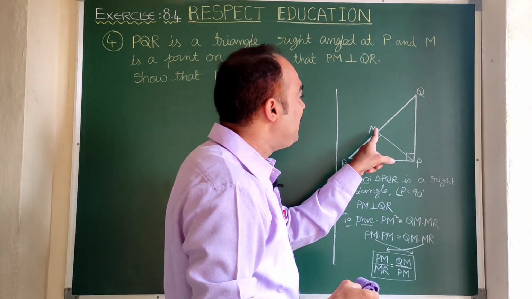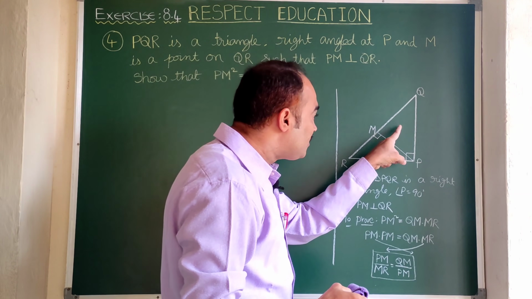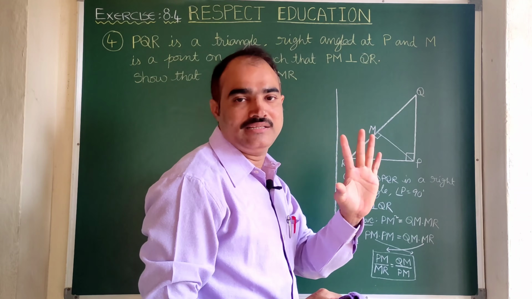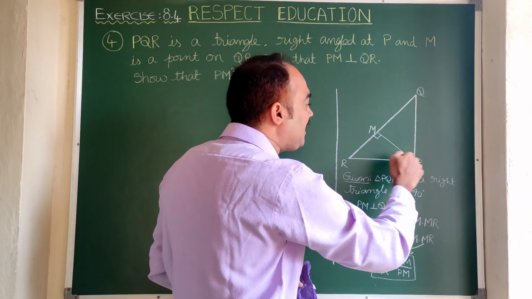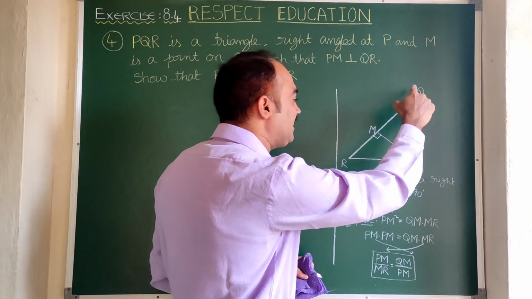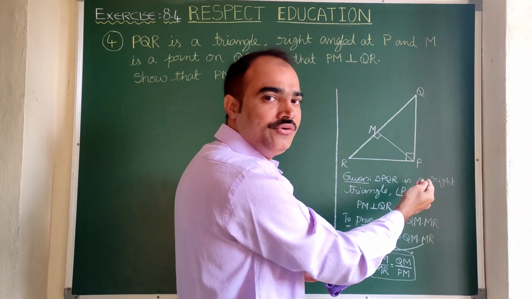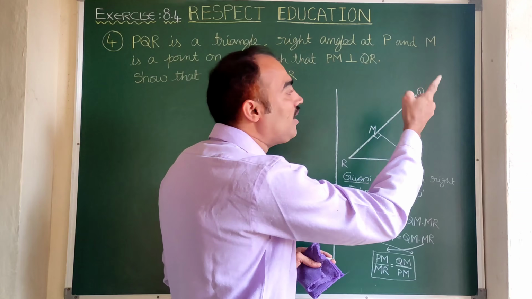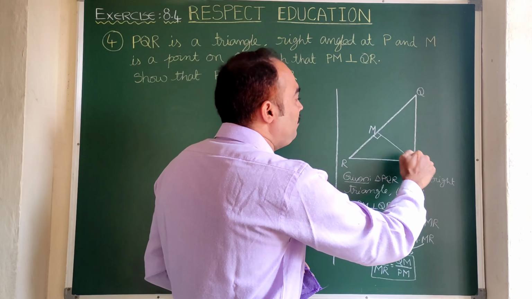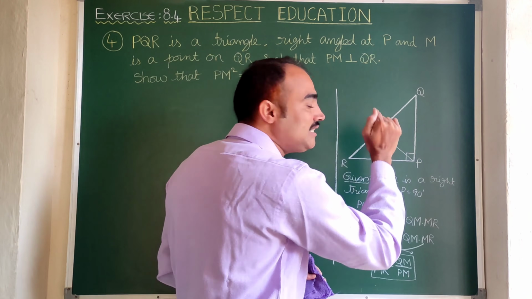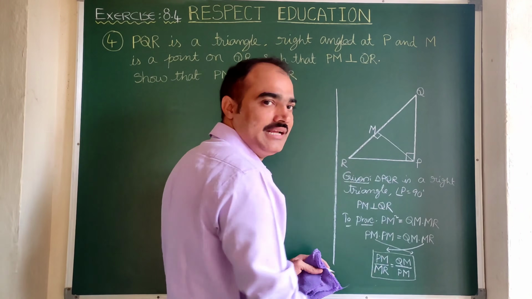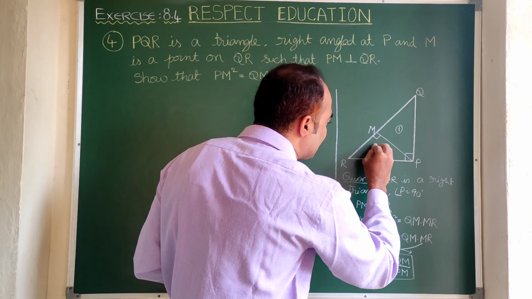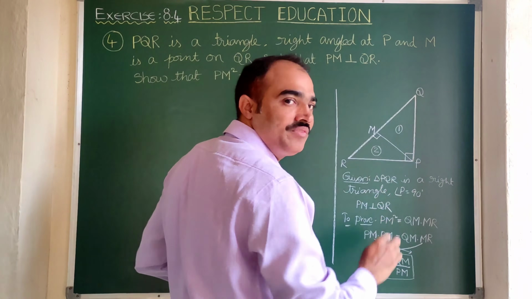Then this PMQ will be the first son triangle and PMR is the second son triangle. Just imagine like that. This is the parental triangle, means father triangle. Bigger triangle QPR we can say, or PQR where angle P equal 90 degrees, no problem. So PQR is the father triangle, right? PMQ is the first son's triangle and PMR is the second son's triangle. Here I am writing for you for your understanding. This is the first son triangle, this is second son triangle, and this is the father triangle PQR.